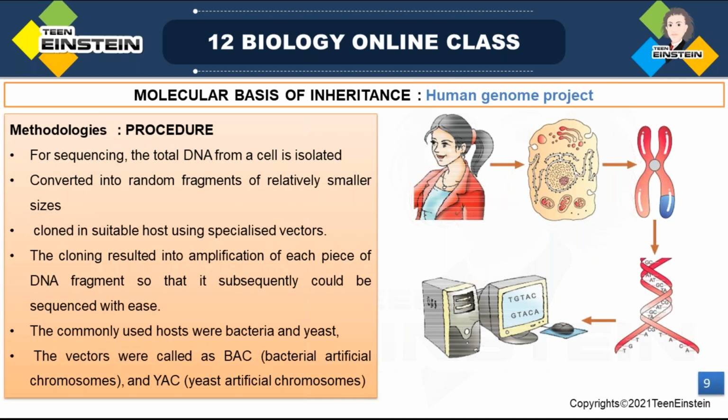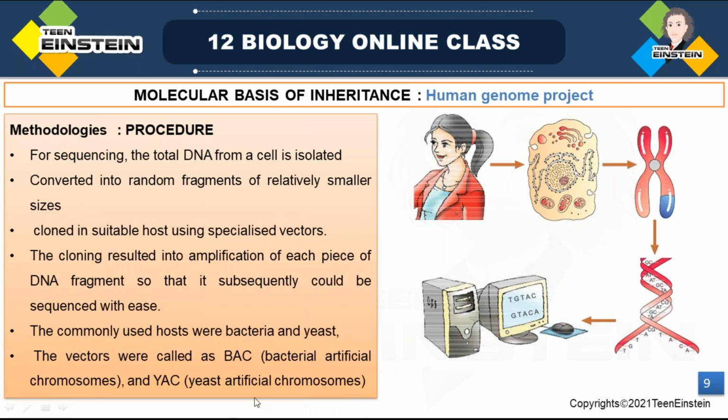Which are the commonly used hosts? Bacteria and yeast. So the vectors are called bacterial artificial chromosome, or BAC, and yeast artificial chromosome. Note down, the commonly used vectors are bacterial artificial chromosome or BAC.